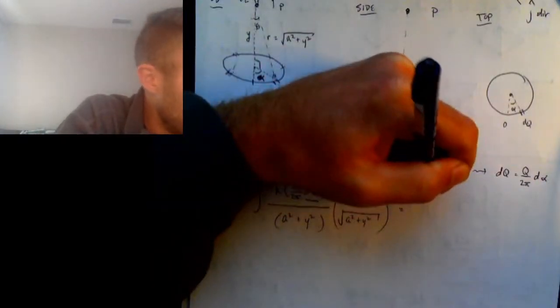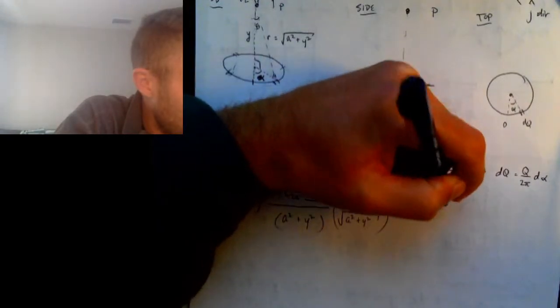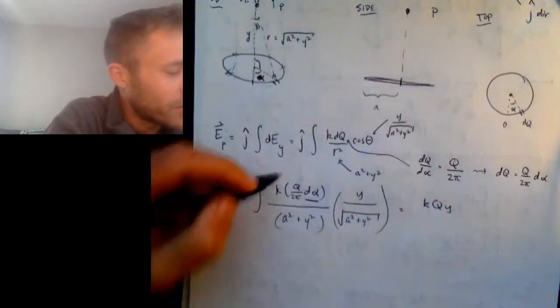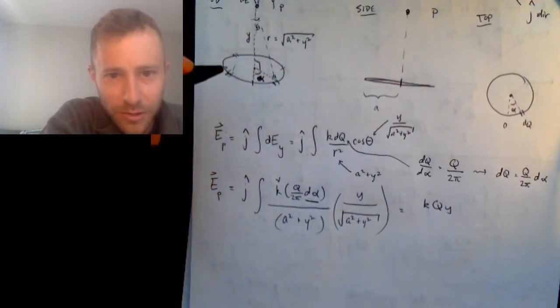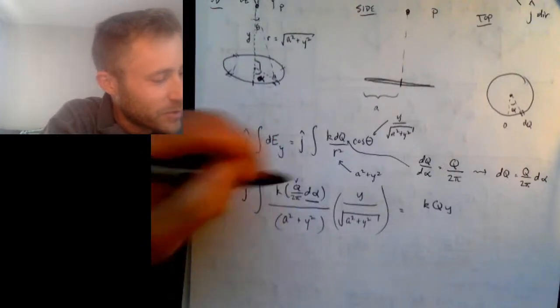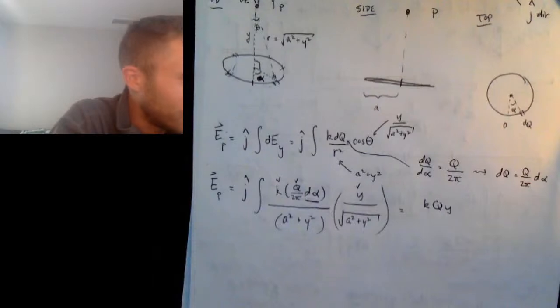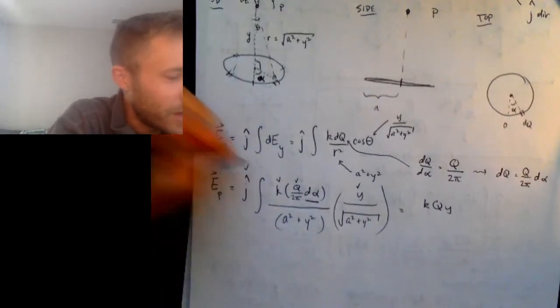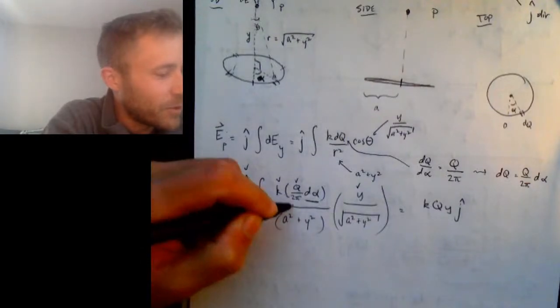So we have k, Q, y. Do you ever do this? When you're rewriting an expression, I always make check marks next to each thing that I included so I know I don't forget anything. Times j hat over 2 pi.